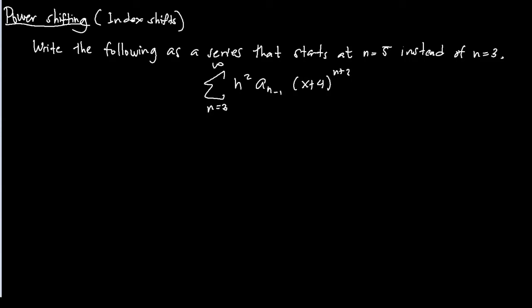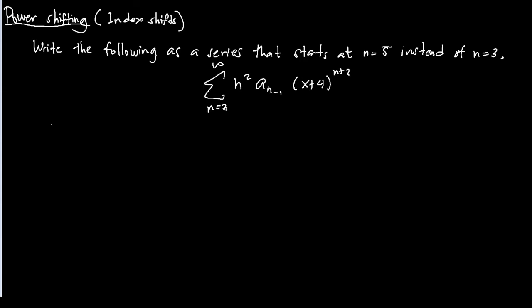All right. So in this problem, we will perform another index shift or power shift to the following power series so that it would start at n equals 5 instead of n equals 3, right?